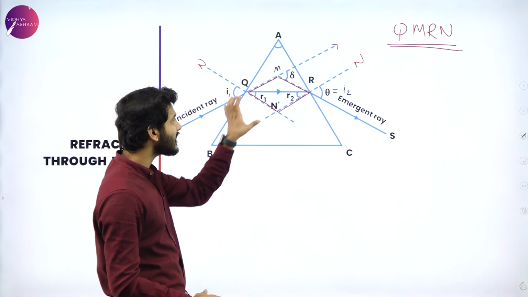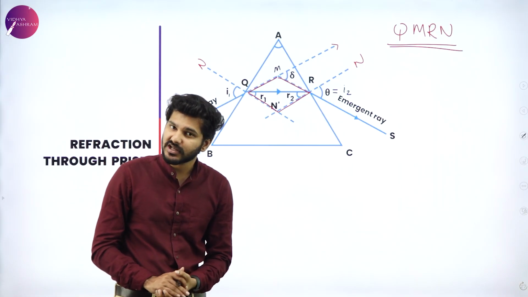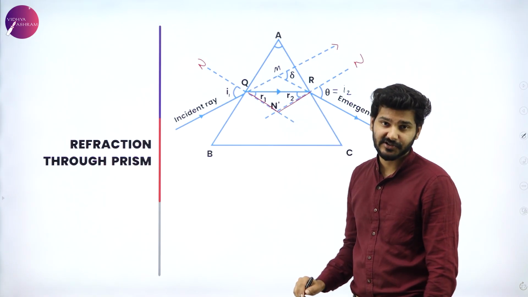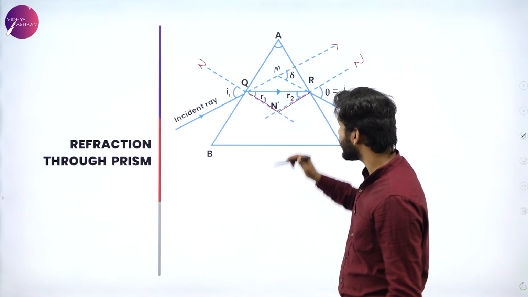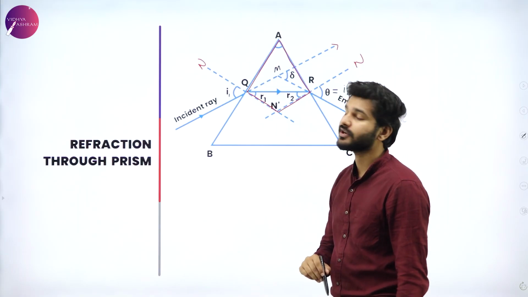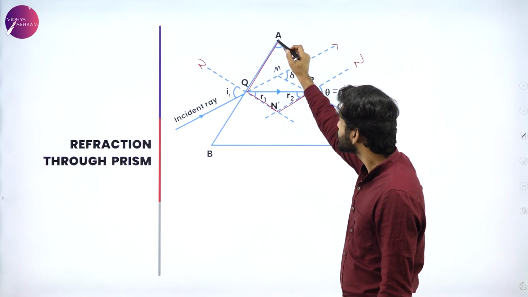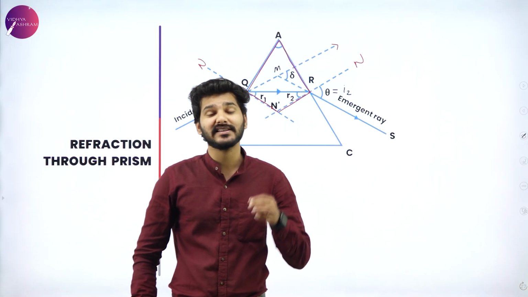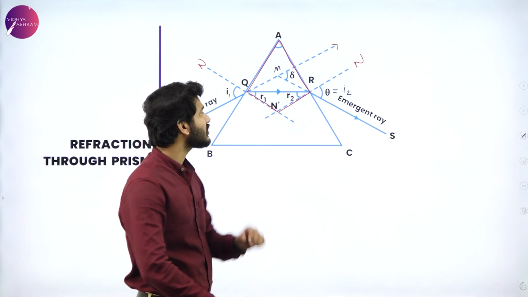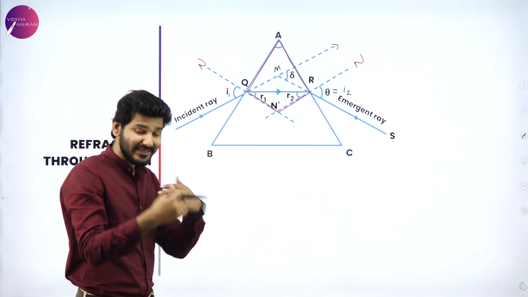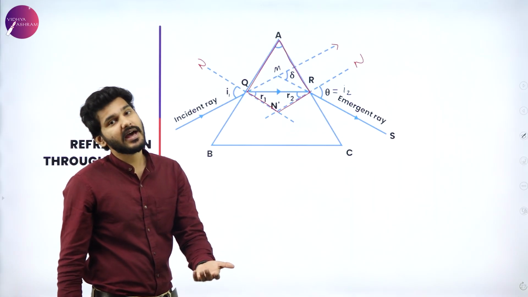Before going into the QNRM quadrilateral, we will first consider the bigger quadrilateral, which includes the prism angle. This angle A is also known as the angle of the prism. So we will consider this larger quadrilateral first and then arrive at an equation.